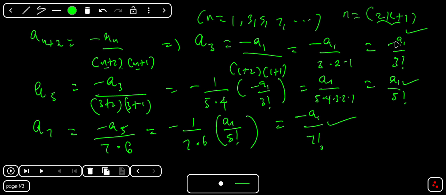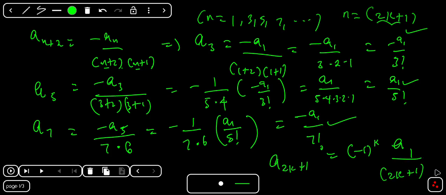So we have an odd number is 2k plus 1. That's n. So we are going to have a 2k plus 1 is equal to, you can see that it is an alternating sequence, minus plus minus plus. So this will be minus 1 raised to the power of k, then multiply by a1. You can see a1 is the common term there. a1 then over 2k plus 1 factorial. That's good. So when n is 0, you're going to have a1.